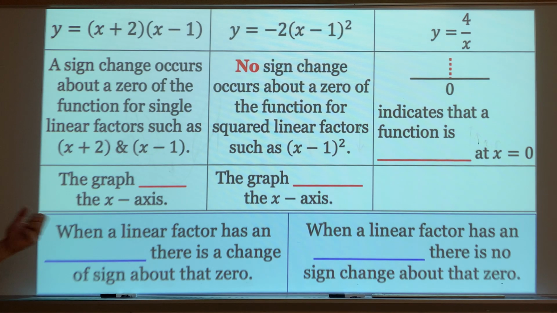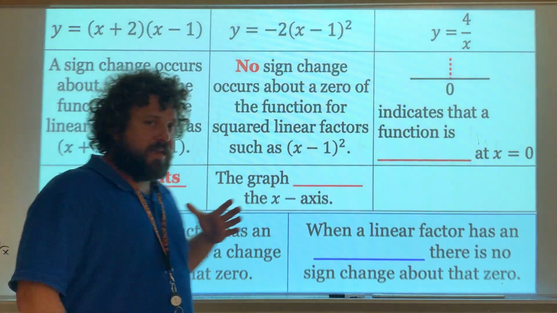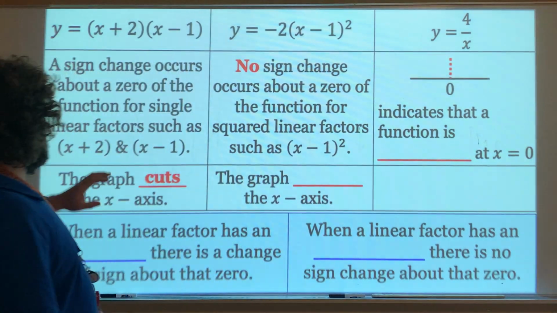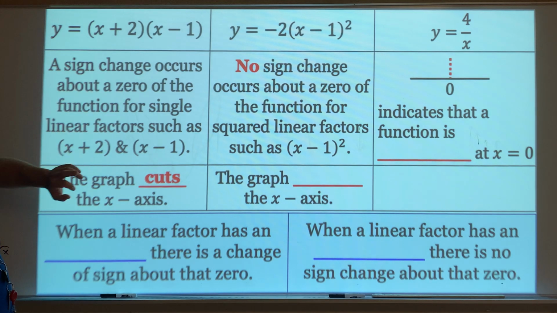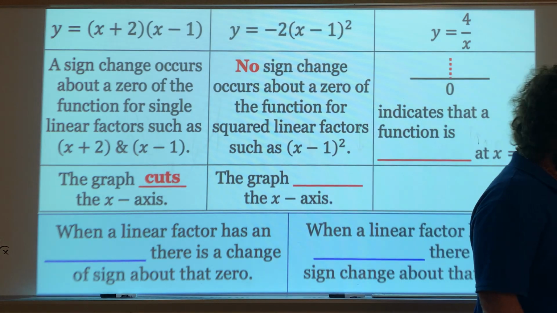The graph cuts the x-axis, okay? By cutting it means it goes through. Right? So if the sign change occurs about the 0 for single linear factors, it cuts it. So that means when a factor has a single power, there is a change of sign about that 0.